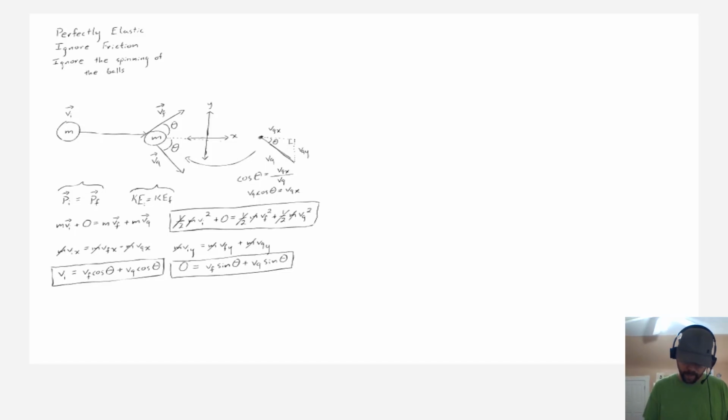And I'm going to take this equation for kinetic energy. So rewrite it up here, kinetic energy. But we're going to solve for v9. And I think it's pretty easy to do.